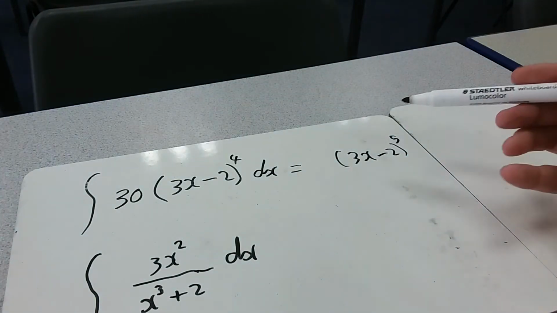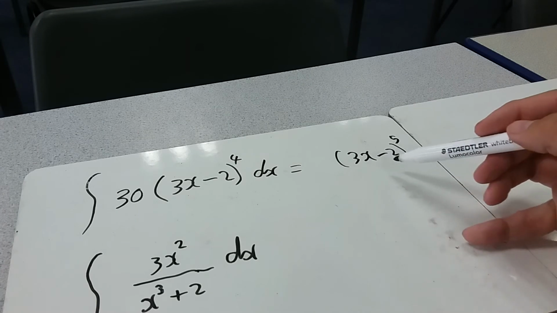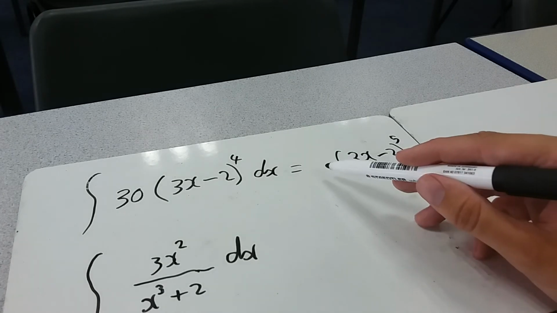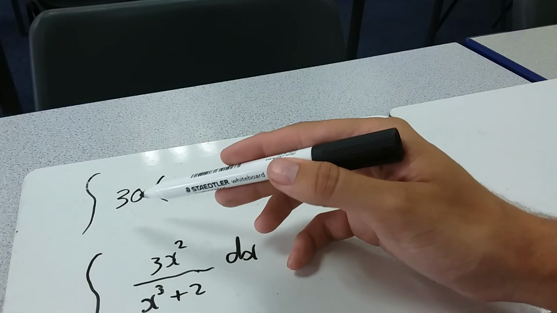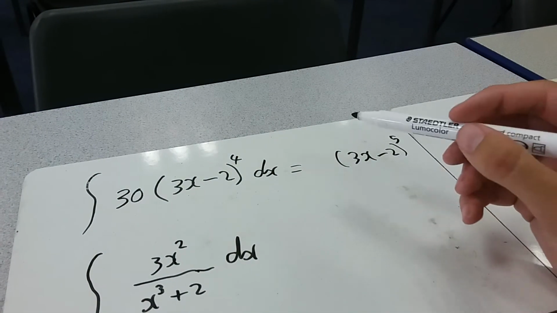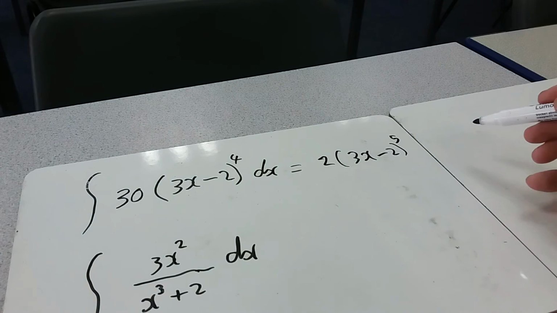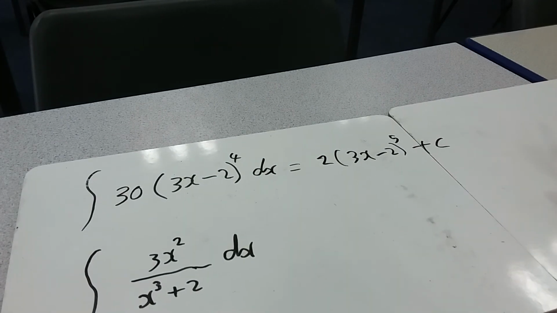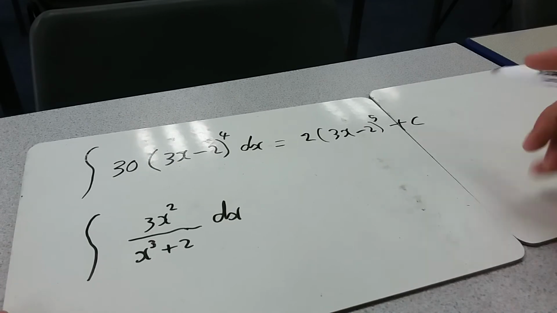That gives us a factor of 5 towards that. We times by the derivative of what's inside, which is an extra 3. So in total, we'd get a 15 at the beginning. We've got a 30 here. So we want to have 2 lots of this to get to the right thing. Plus C.